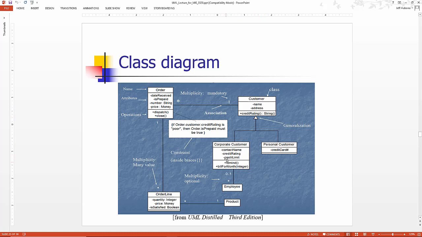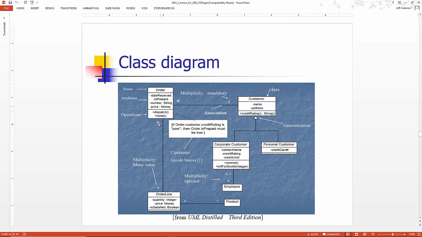We don't have to show that again, but they also have contact name, credit rating. It does show it again, okay? No, that's an attribute. Credit rating attribute, credit limit attribute. Remind operation, bill for month operation, okay? Personal customer has everything the customer has plus an additional attribute, which is credit card number.